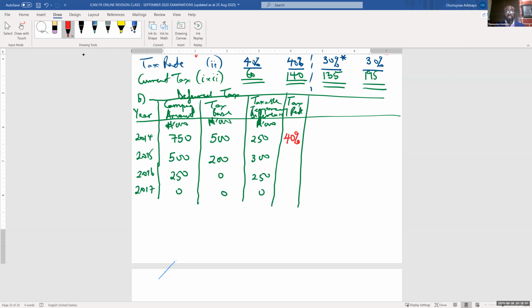Deferred tax, by definition and by its principle, is to capture the future tax consequence. It's not the same thing as current tax. Current tax is to capture the current tax consequence, the actual tax payable on the activities and performance of that year.